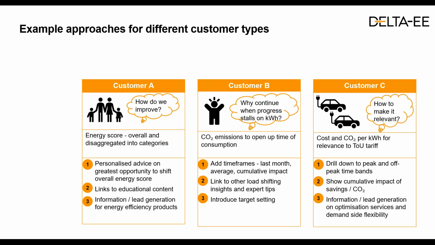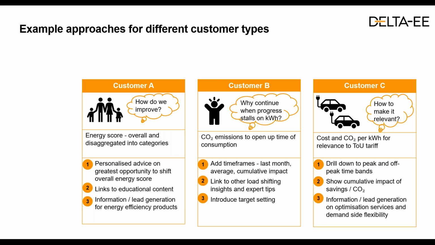And then the third customer, the dual EV household, there could be two metrics that work for them to help them in their ambitions to make good use of their static time of use tariff and play their part in protecting the environment. Those metrics are around cost for the time of use tariff and CO2 per kilowatt hour. So it's that breakdown of the kilowatt hour, and results you could look at based on time bands of the time of use tariff.